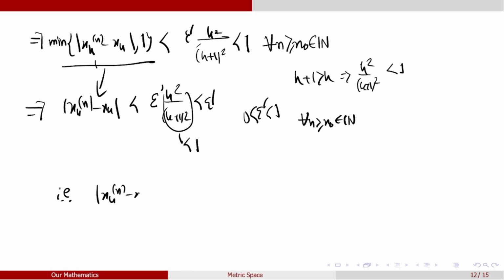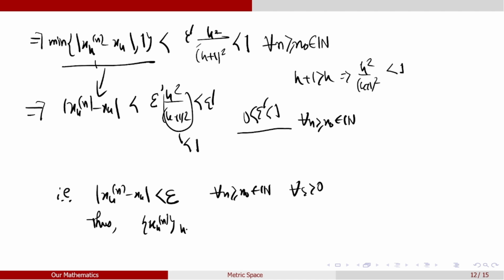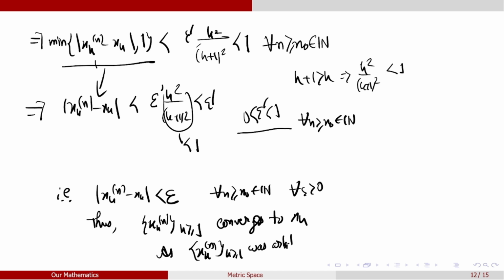That is, |xkn minus xk| is less than epsilon for all epsilon greater than 0, for all n greater than or equal to n naught in the set of natural numbers. Since this is true for epsilon lying between 0 and 1, it is obviously true for epsilon greater than 1, so it is true for all epsilon. That means xkn converges to xk in R with respect to the usual metric. Since k was arbitrary, this is true for all k.